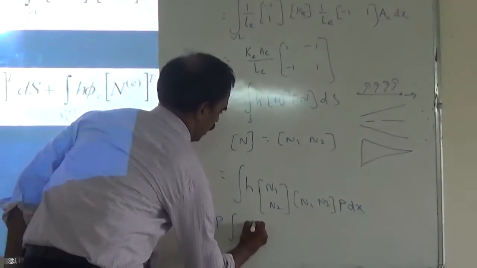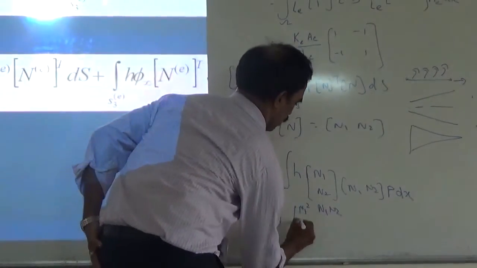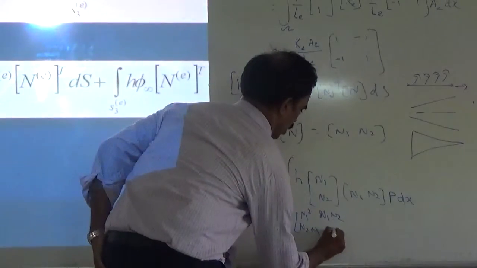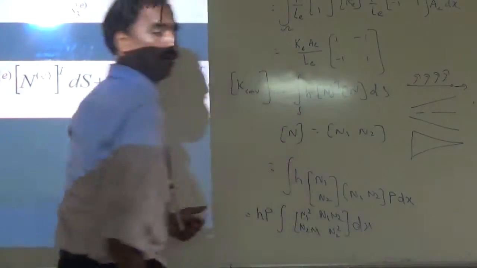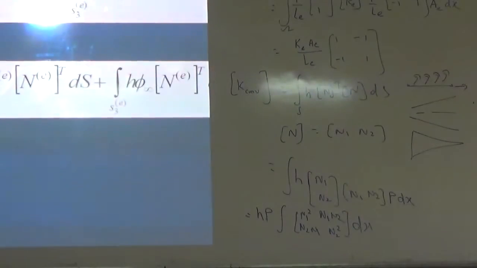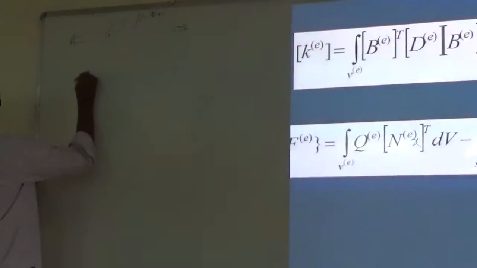This is multiplied by N1 square, N1 N2, again N2 N1, N2 square, dx. Now we integrate each of the terms in the matrix individually. To integrate this, we can make use of the factorial formula that I told you already. So what is this factorial formula?